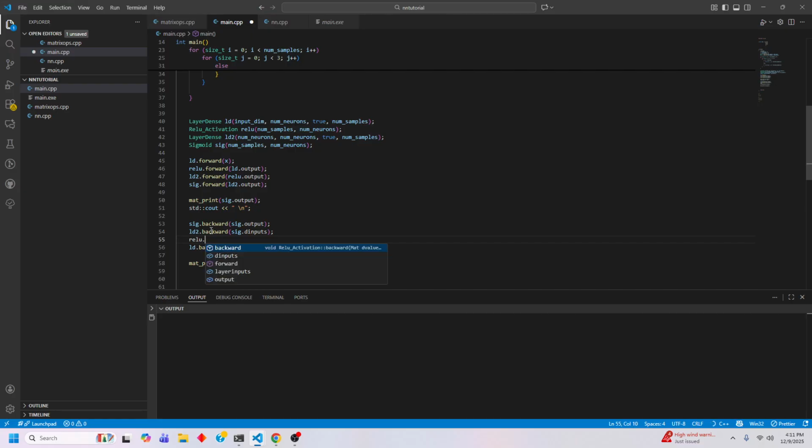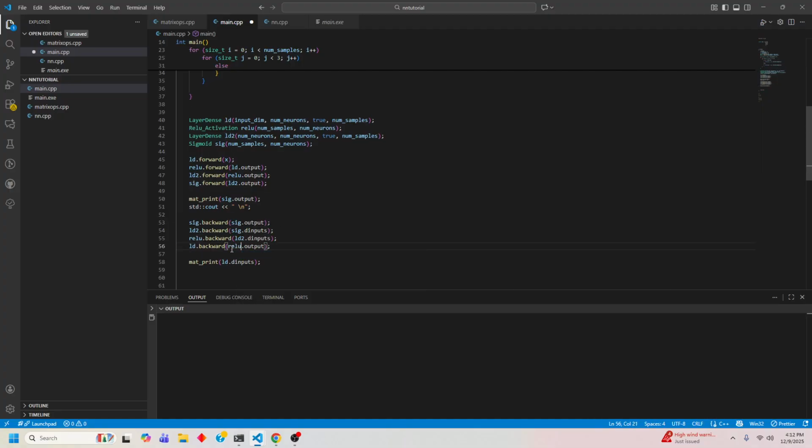And we got the ReLU, taking in the second layer's d inputs. And then take the ReLU's d inputs. Save it and print.